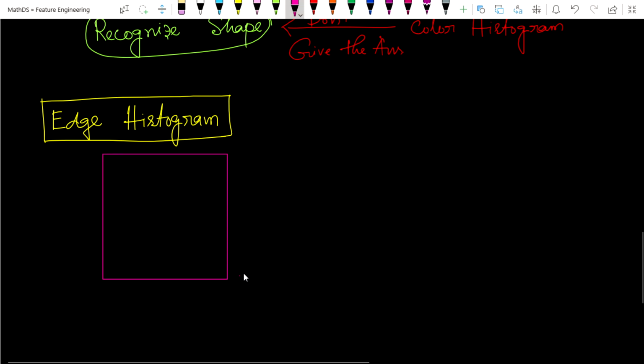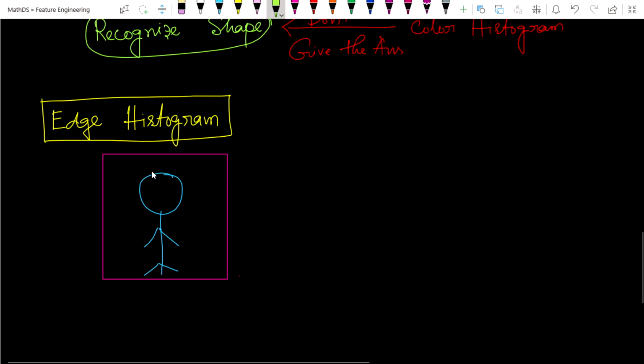Suppose this is our picture, and there are some shapes in it. We have to find its shapes. First thing we have to do is partition each image into small pixels.